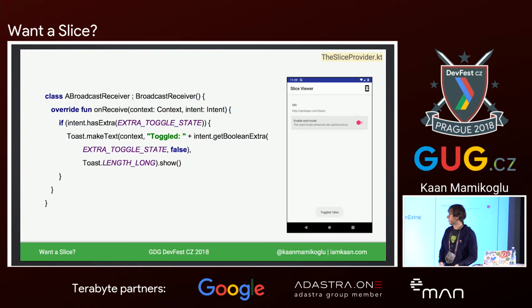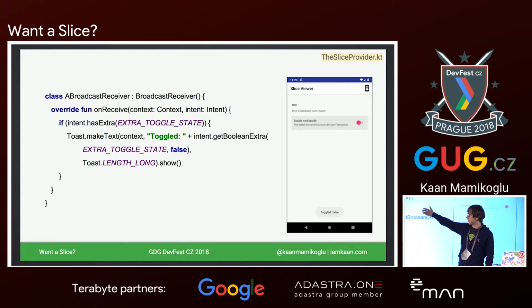But what happens in the background is that in this broadcast receiver, we have the onReceive method. This is an ordinary broadcast receiver, and you have these extras provided by default by the slice library. This toggle state is one of them.